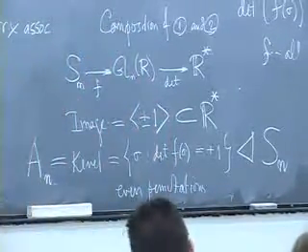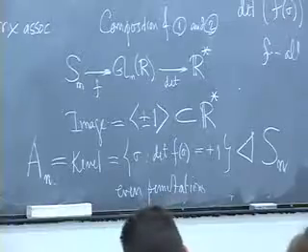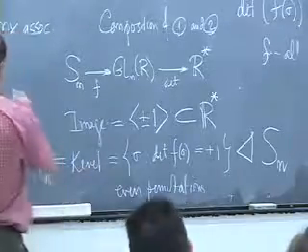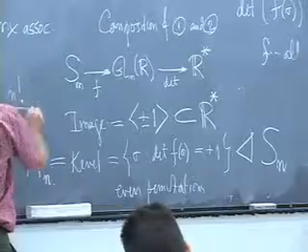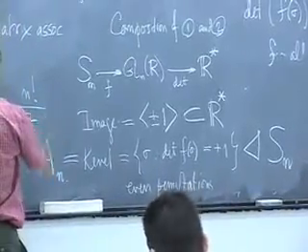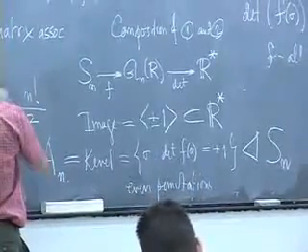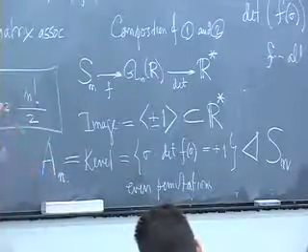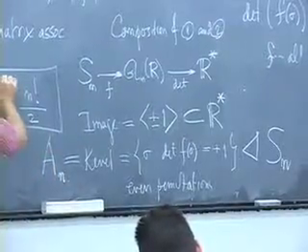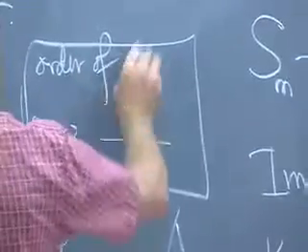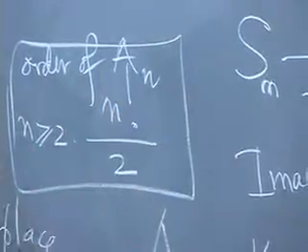We're going to see pretty soon that its order is half the order of Sn. So its order is going to be n factorial divided by 2, at least when n is bigger than or equal to 2. The order of An, we're going to prove that pretty soon.